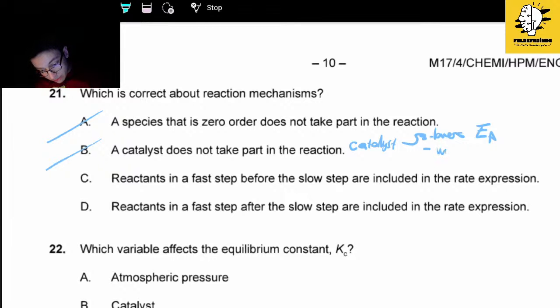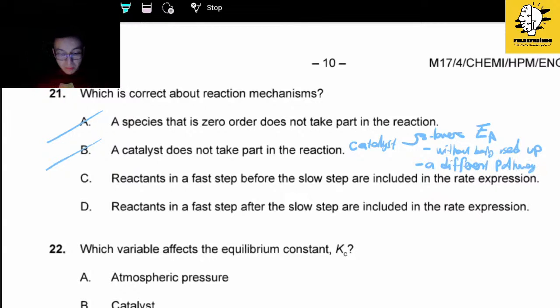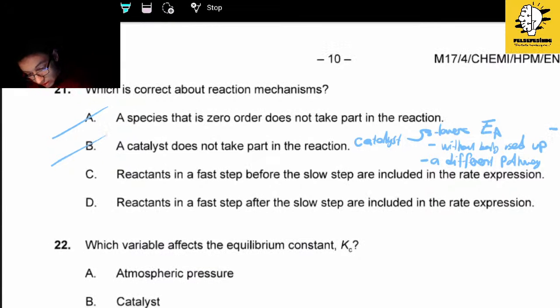Without being used up, through a different pathway. Those are usually transition metals which lower the activation energy without being used up to create another pathway for the reaction.